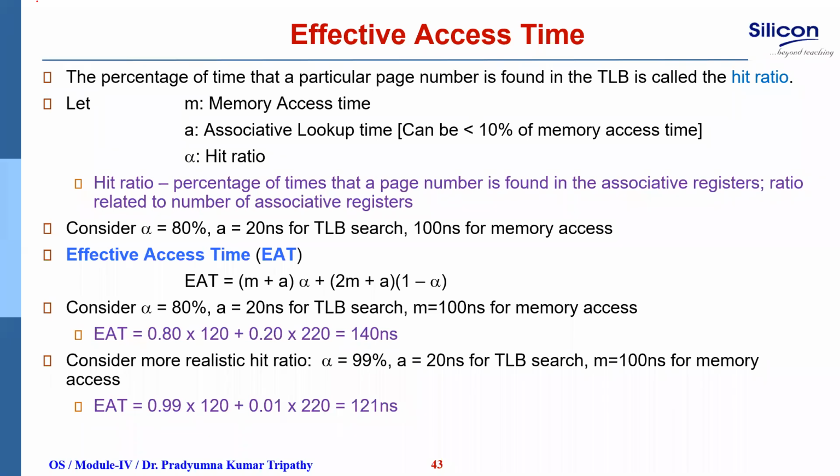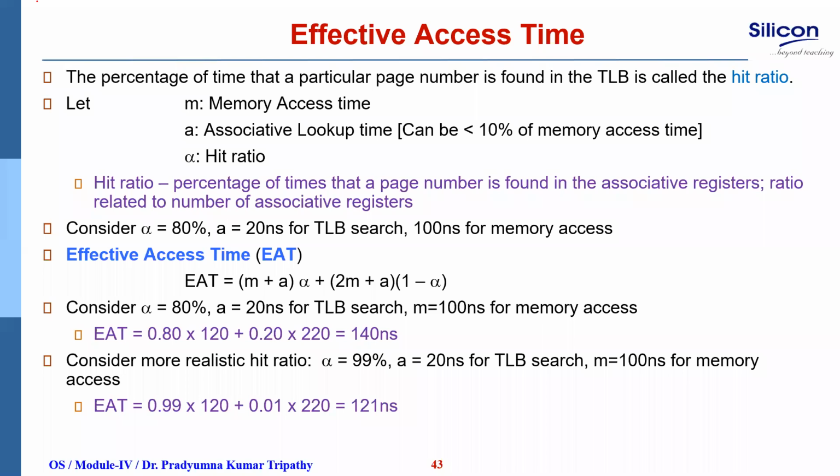So M is the memory access time, meaning the amount of time required to access some data from the memory. A is the associative lookup. Associative lookup means associative memory. TLB is associative, so to access from the TLB, this A amount of time it takes. And alpha is the hit ratio.